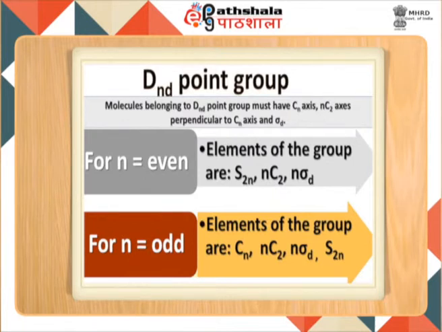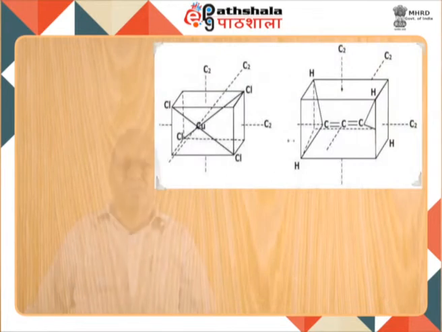The order of the group is 4n, but the order changes with the order of the principal axis of rotation. For n equal to odd, symmetry elements in this group are Cn, nC2 axes, sigma d and S2n. And for n equal to even, the symmetry elements are S2n, nC2 axes and sigma d.